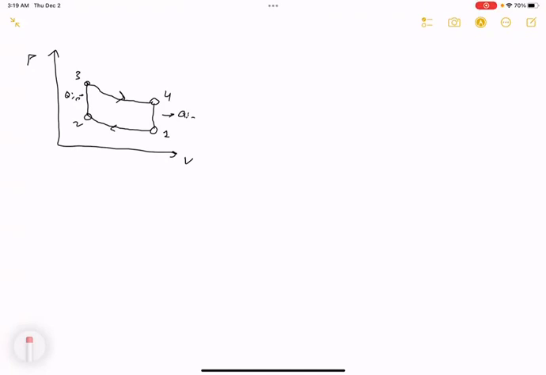So we can use the following expression. T2 over T1 equals volume 1 over volume 2.